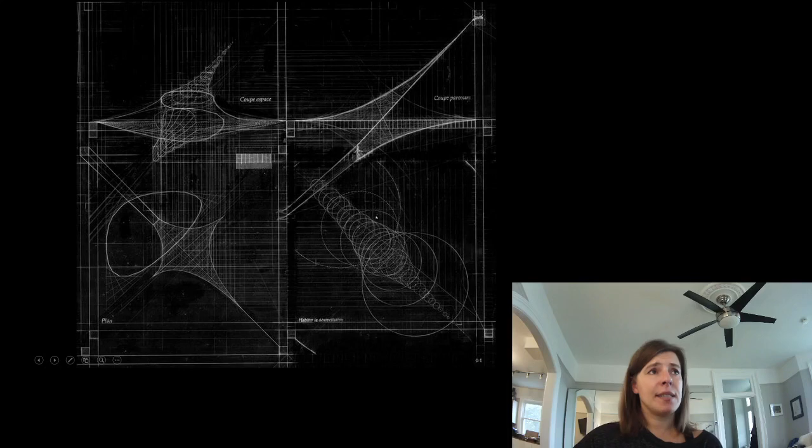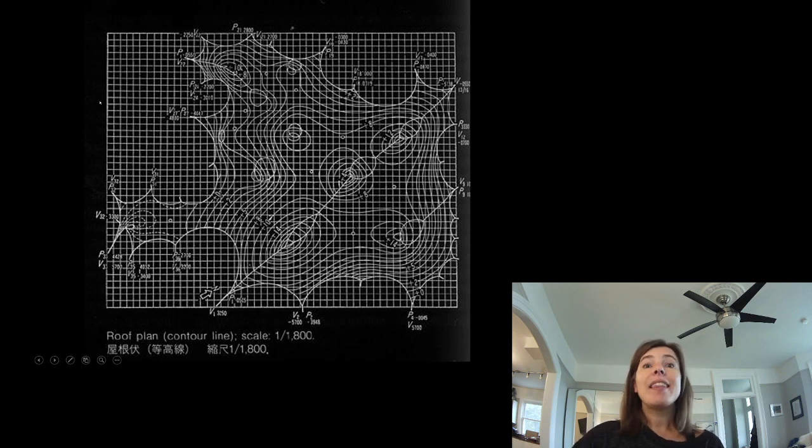So they still needed to be able to draw it, because that helps everyone understand what's going on. But he actually made really good work of topographic imagery as well, where they would actually do a roof plan contour to give people a sense of the scale of the object as they were building it in real time.